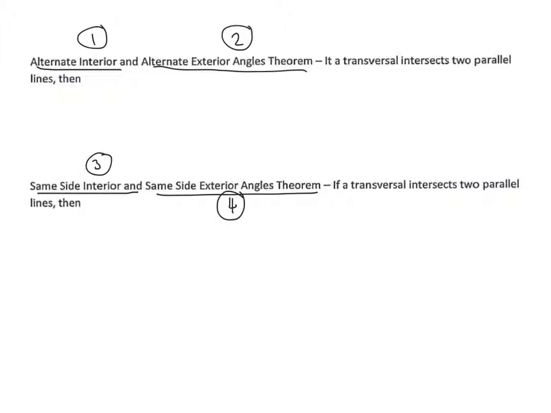So the alternate interior angles I abbreviate as AIA. Alternate exterior angles is AEA.